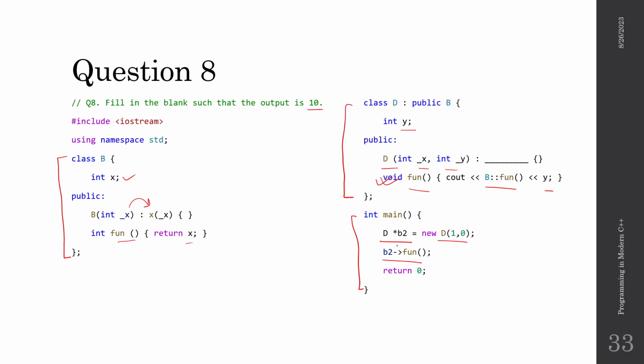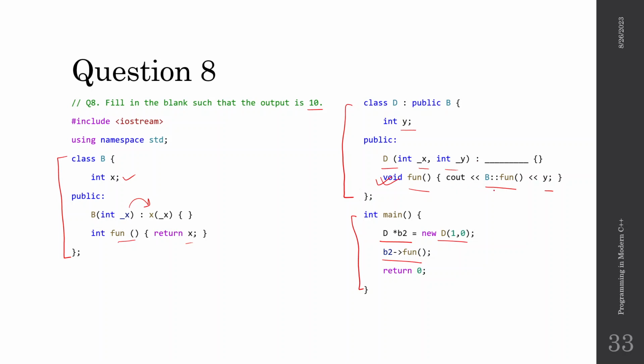B2 is an object of type D, the derived class. So when we call b2 arrow fun, we are calling the fun function of the D class, the derived class.